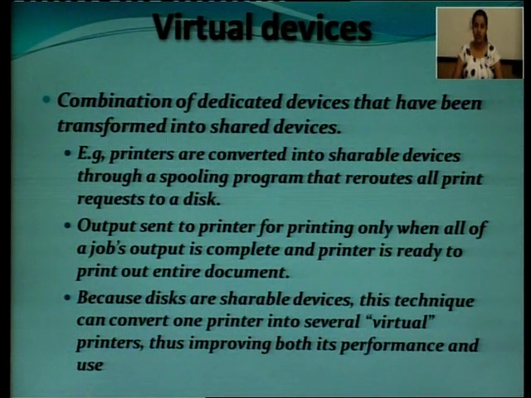So, output is sent to the printer for printing only when all the job output is complete and the printer is ready for the entire document. Because disks are shareable devices, this technique can convert one printer into several virtual printers, thus improving both its performance and use.